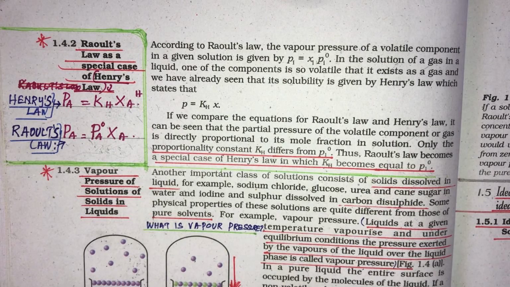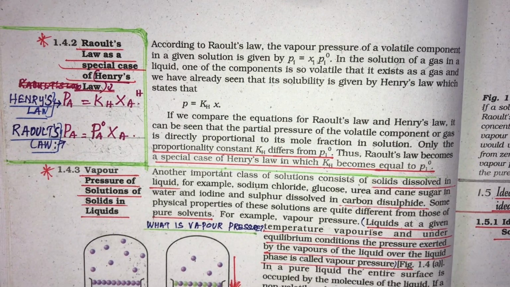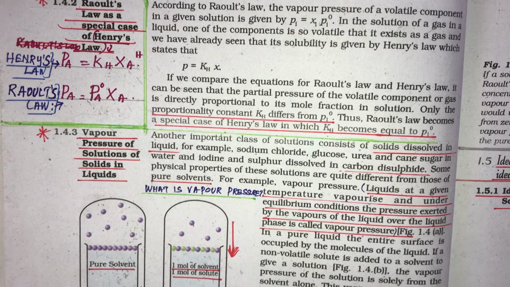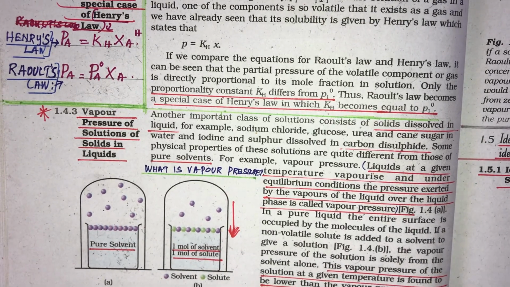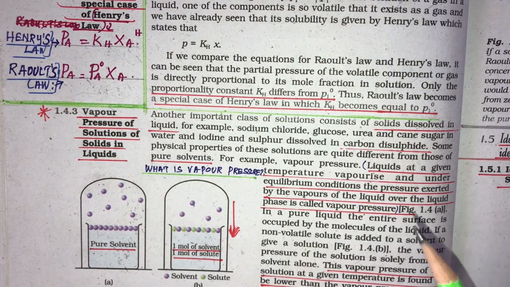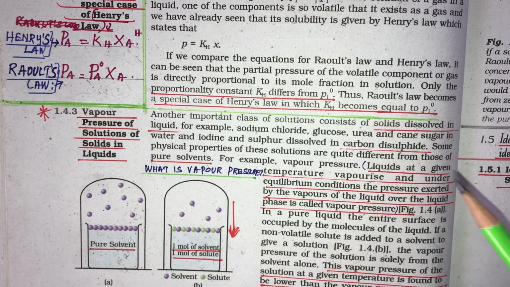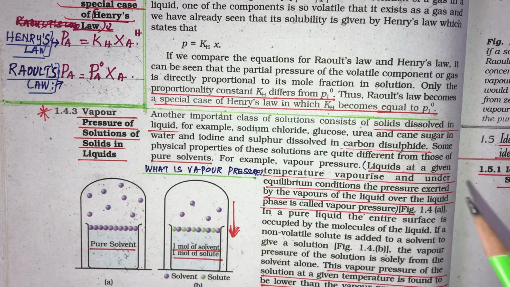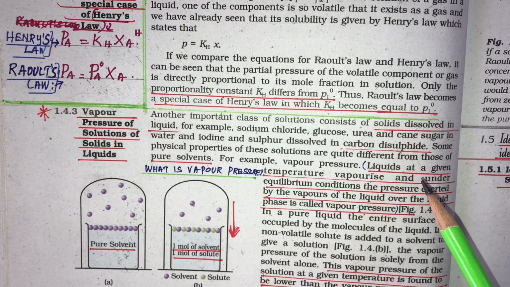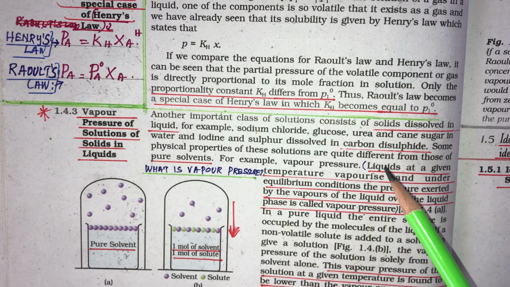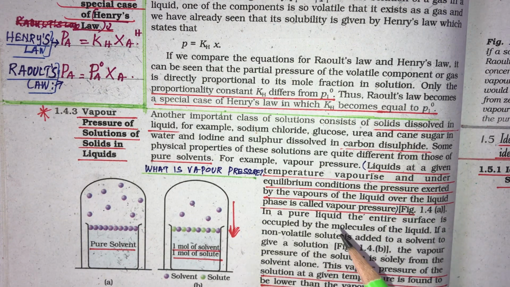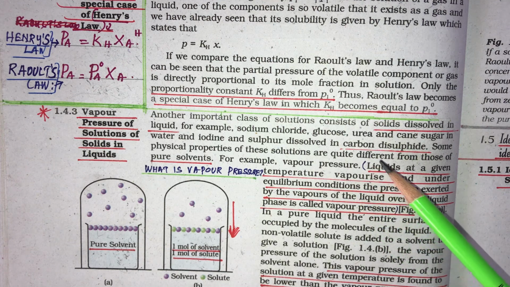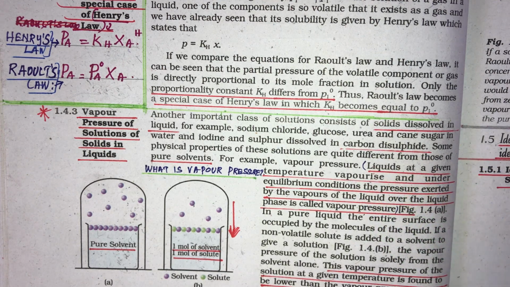Next we are going to see the vapor pressure of a solution in which solid is present in a liquid solvent. The pure solvent and solution. Polar solvent, non-polar solvent, polar solute, non-polar solute. A polar solute dissolves well in a polar solvent, and a non-polar solute dissolves only in non-polar solvents.